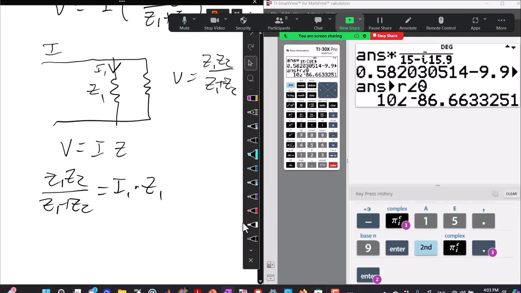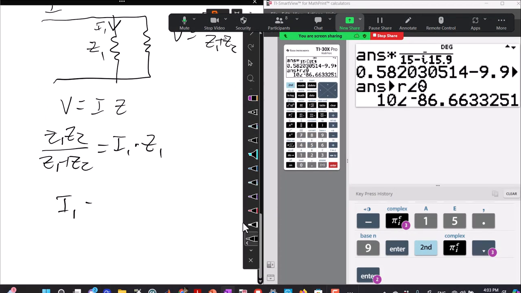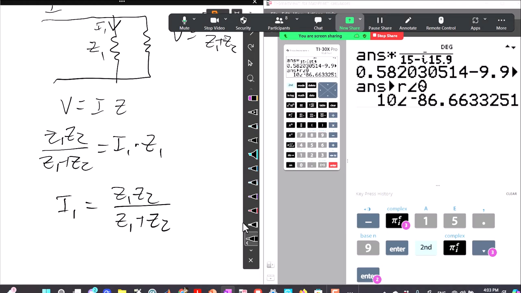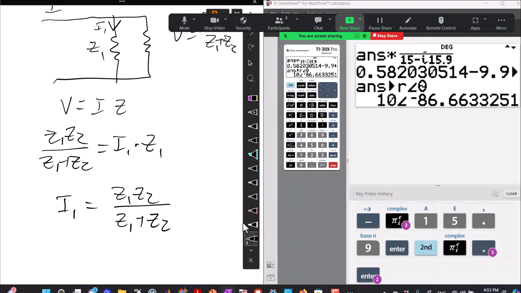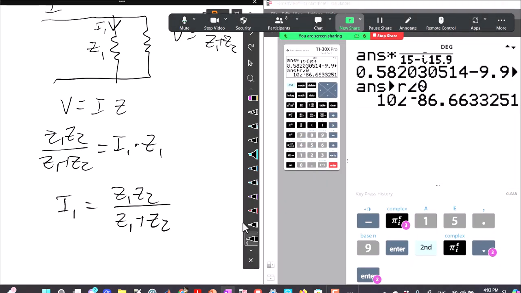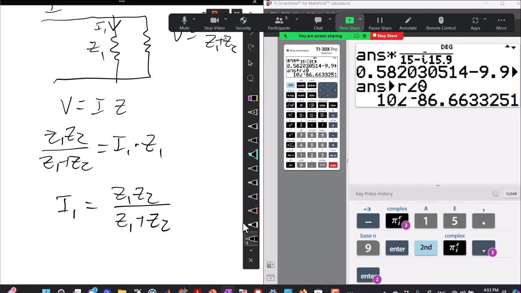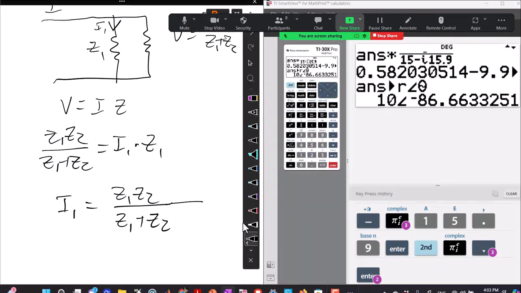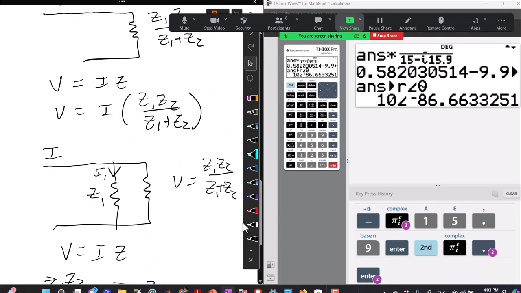So then what is I1? I1 is Z1 Z2 over Z1 plus Z2, divided by, did I forget my total current up here? I did.